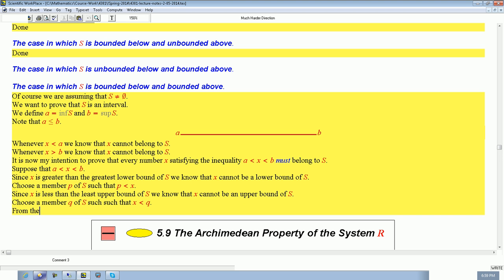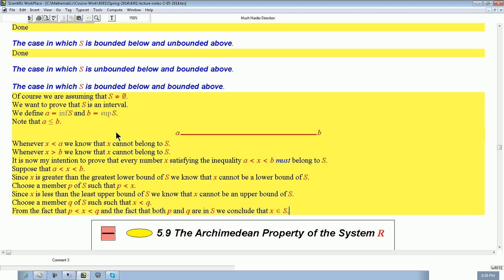From the fact that P is less than X is less than Q, and the fact that both P and Q are in S, we conclude that X belongs to S. You see? Now, folks, I have said to you, a number below A never belongs.